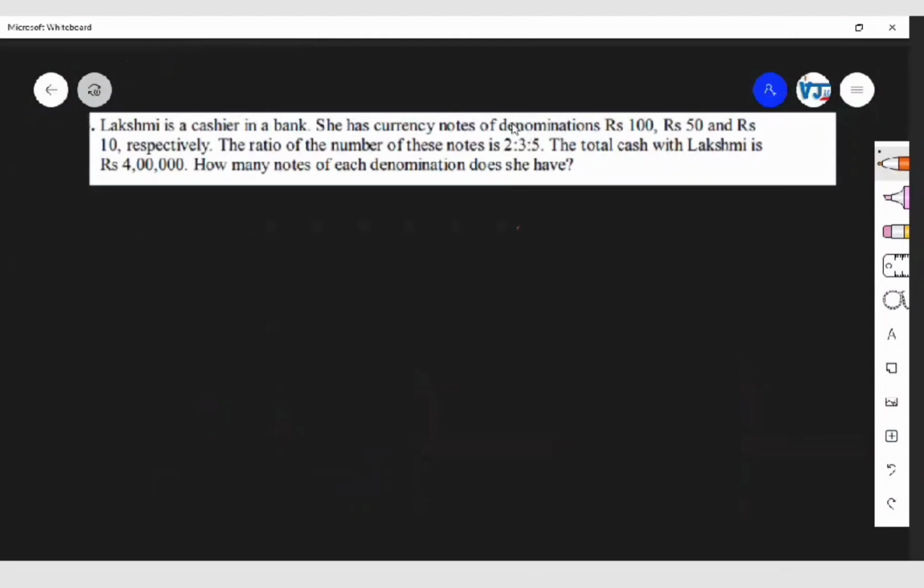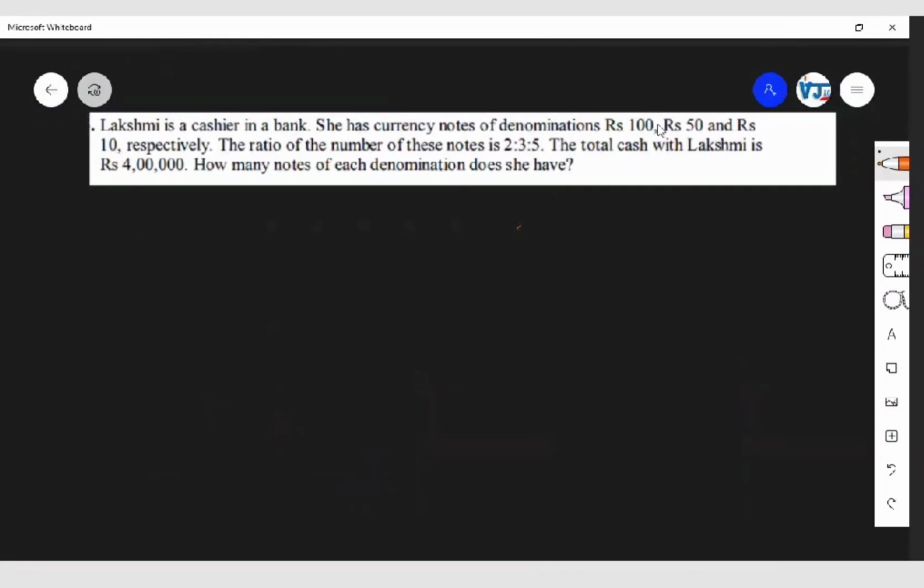So do you know the meaning of denominations? Students, do you know the meaning of these denominations? All students must know these denominations. Denominations means what? See here, rupees 100, 50 and 10 are there. Now these are called denominations.